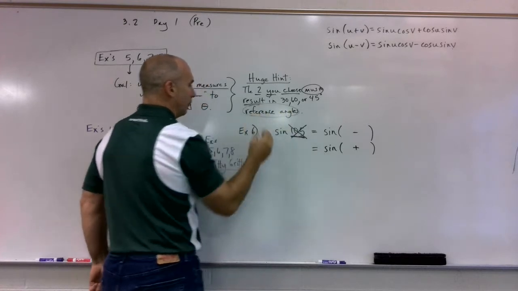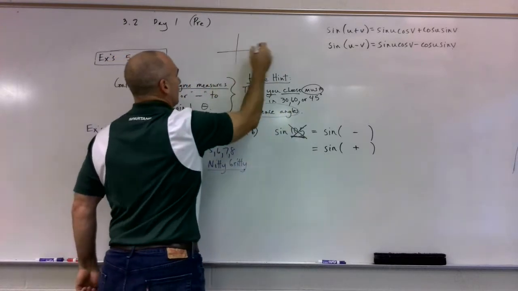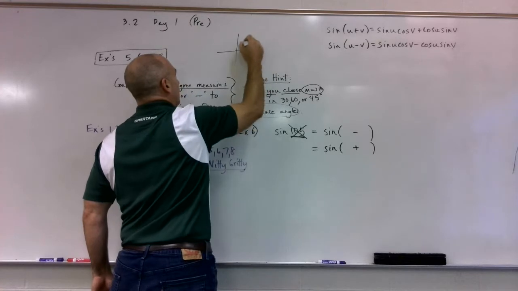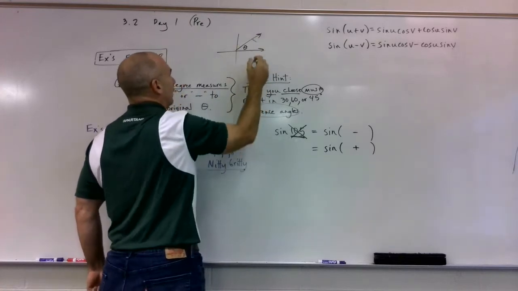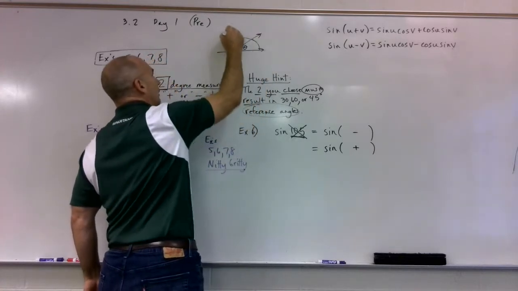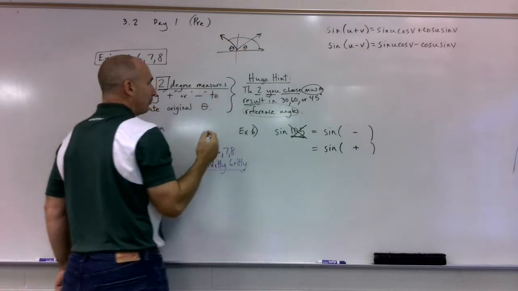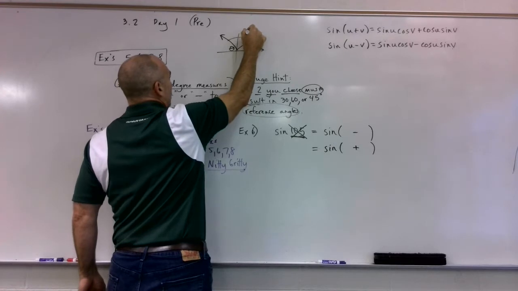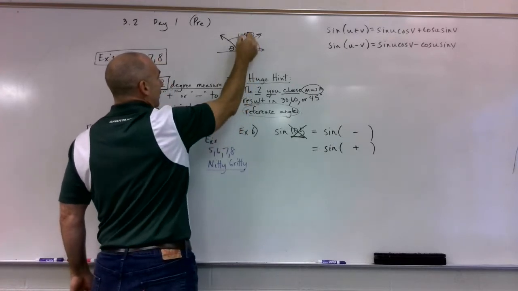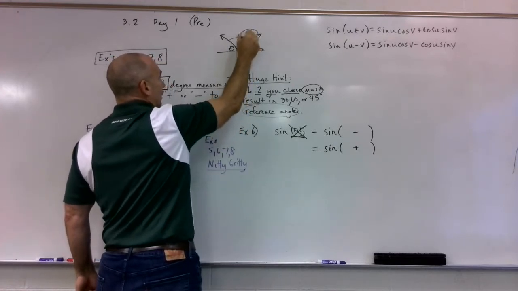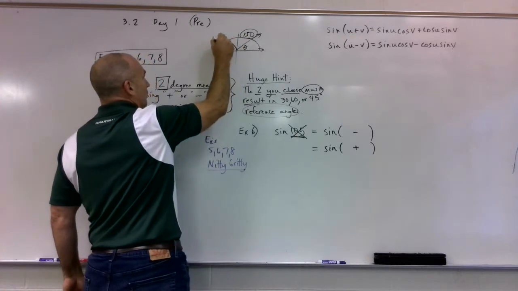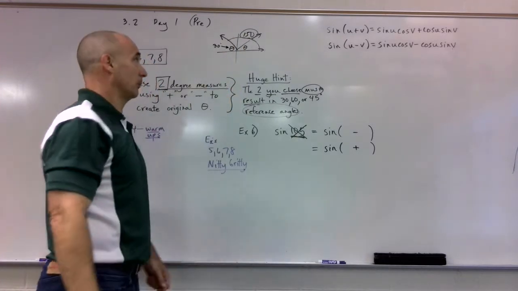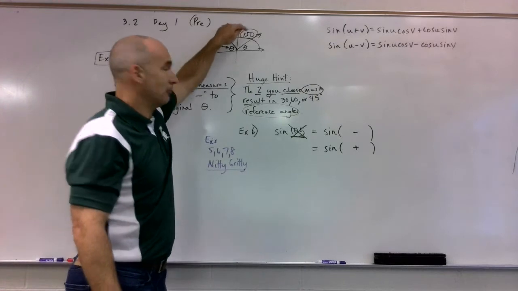Now don't forget, a reference angle is when you spin the spinner and it goes up to here, that would be your reference angle. Or if you spun it to here, that would be your reference angle. So you could pick something greater than 90, for example, 150. That could be one of your angles you pick because your reference angle will result in a 30 degree reference angle. So that would be a good option.